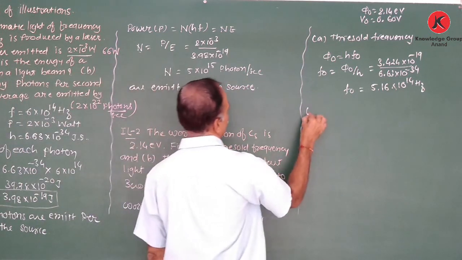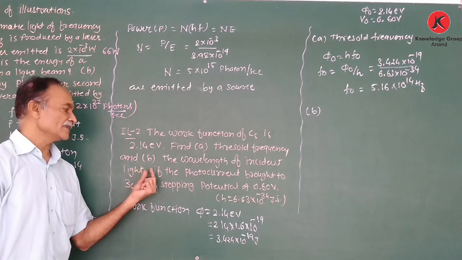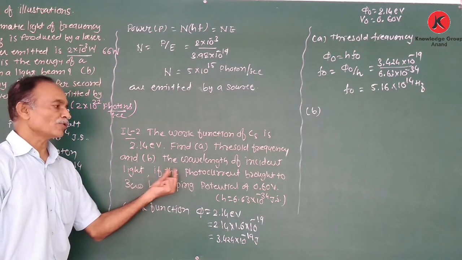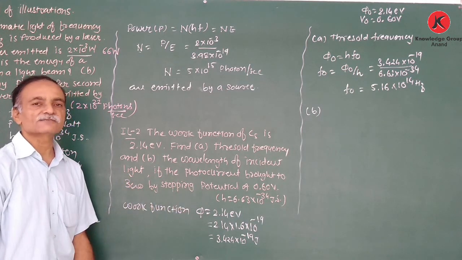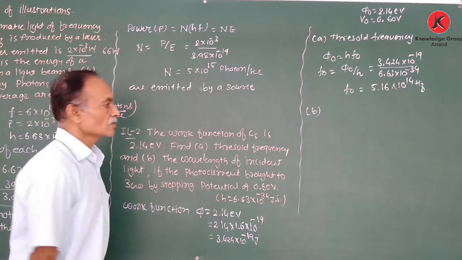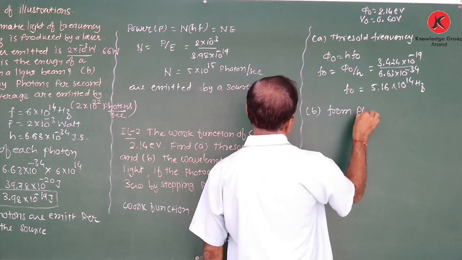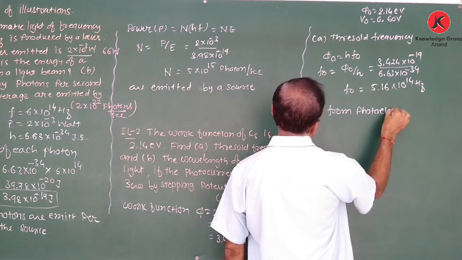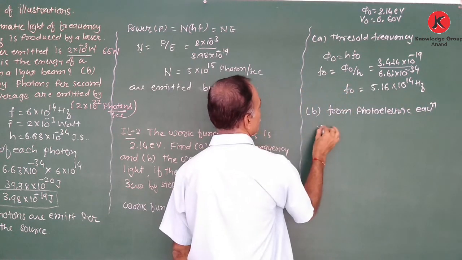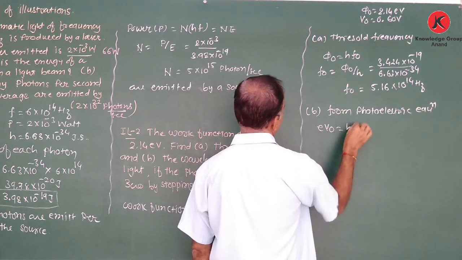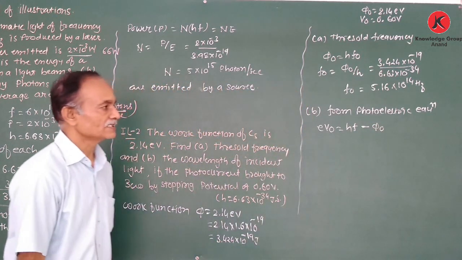Now part B. We have to find out the wavelength of the incident light if the photoelectric current is brought to zero by the stopping potential of 0.60 volt. So from the photoelectric equation, we know that e V0 is equal to h f minus phi 0.